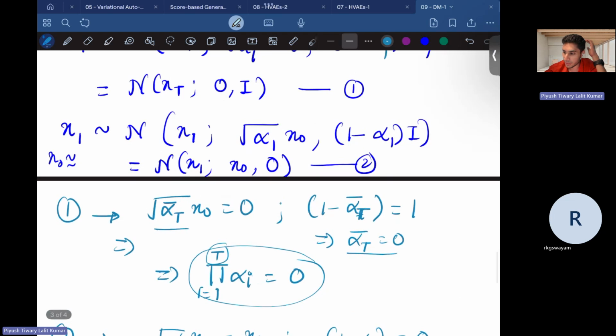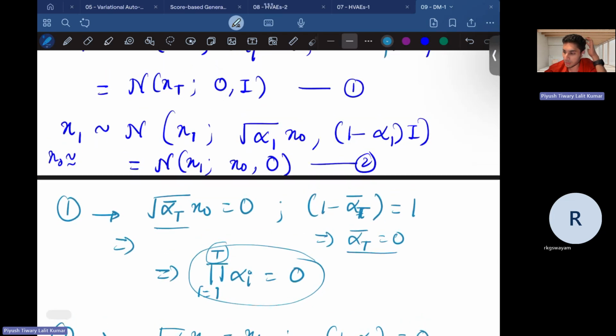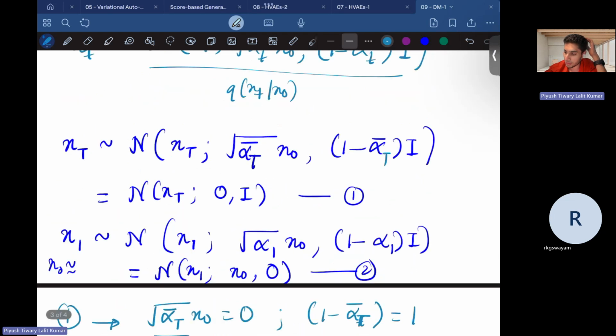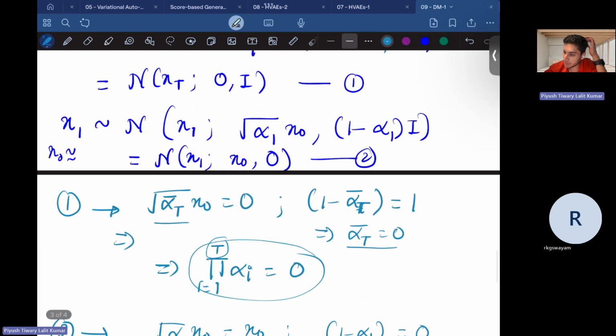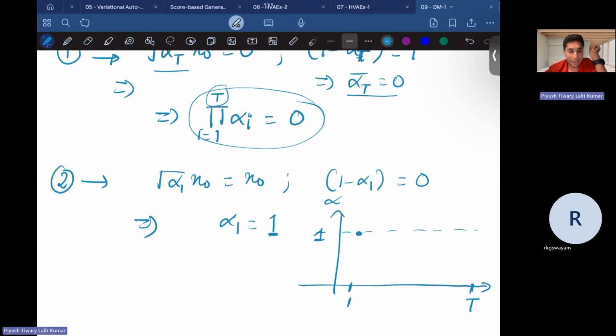If you are setting alpha i's to be equal to 0, then you are actually just sampling from Gaussian 0, 1. If alpha t bar becomes 0, then this becomes 0 and this becomes I. At any time step, you cannot just randomly put it to 0. The other way is that you keep multiplying small fractional values for a long time.